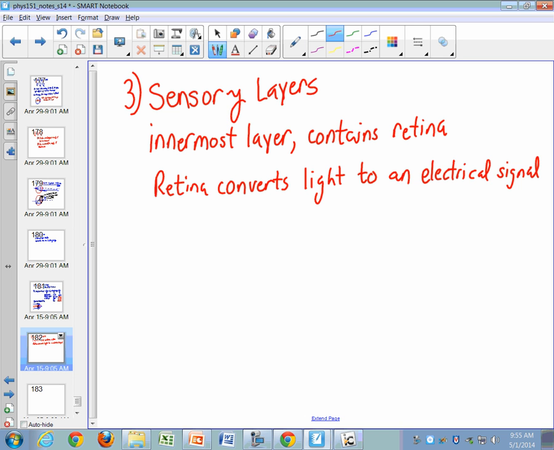Within the retina, we have rods and cones. These are two types of detectors within the retina. The rods are for low light. They're sensitive to low amounts of light, but they're not sensitive to color.